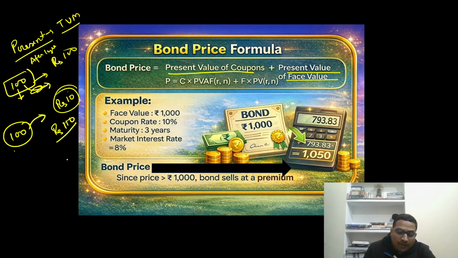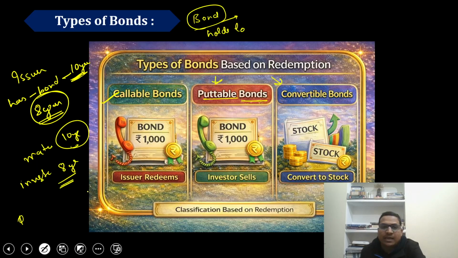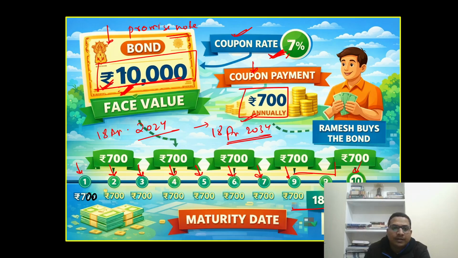Now, in the case of the bond, you get the coupon at regular intervals. It is not a one-time payment. If you have a maturity period of 10 years, in the case here that we have 700, they pay you 700 in the next year, 700 in the third year, 700 in the fourth year.